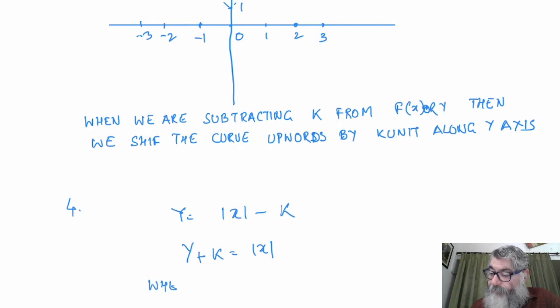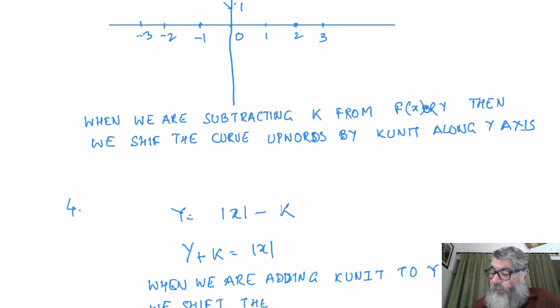When we are adding k units to y or f(x), we shift the curve downward by k units along the y-axis.